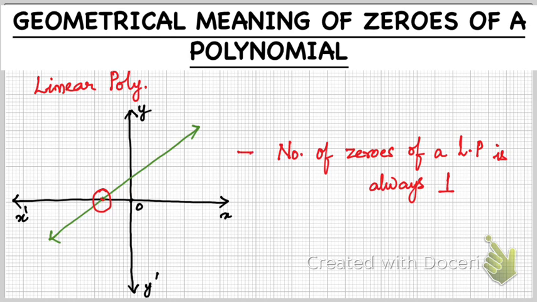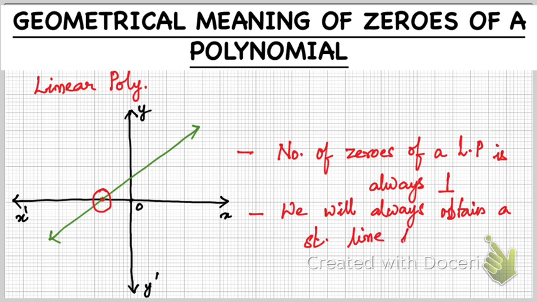So we can conclude two points: the number of zeros of a linear polynomial is always 1 because it cuts the x-axis at only one point, and the second point is we will always obtain a straight line for a linear polynomial.